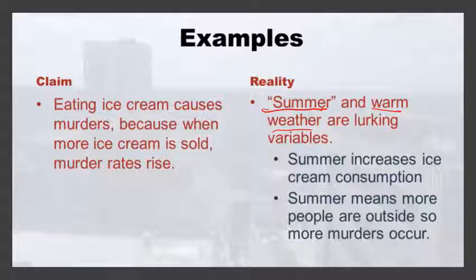And also, when the weather is really cold, the murder rates usually go down. They are reduced. And why is that? Well, people are not outside, they're not exposed, they're not doing things, so murders will decrease in the wintertime, usually when it's really cold outside.